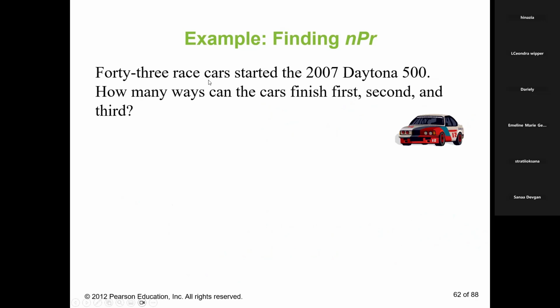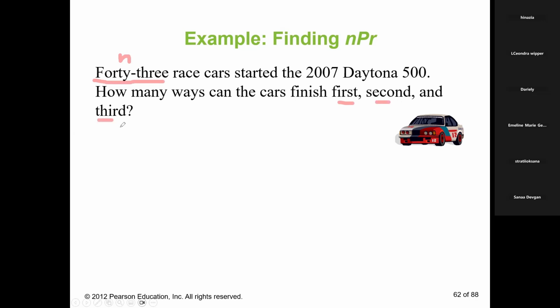43 race cars started the 2007 Daytona 500. Okay, 43, so that's n. N equals 43. You see here, this is n. How many ways can the cars finish first, second, and third?